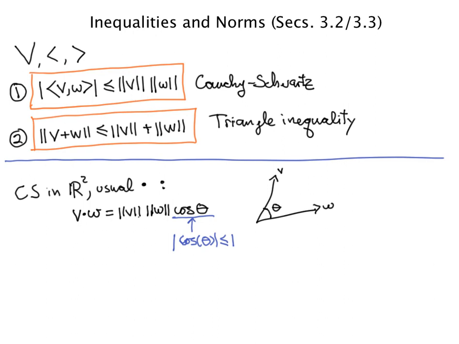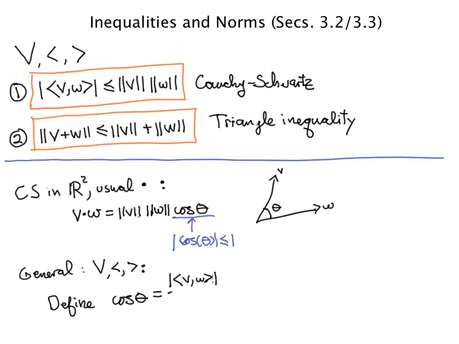And in general, you have a general V and a general inner product. You can define the cosine of the angle by this formula to be the absolute value of the inner product of v and w over the length of v times the length of w.